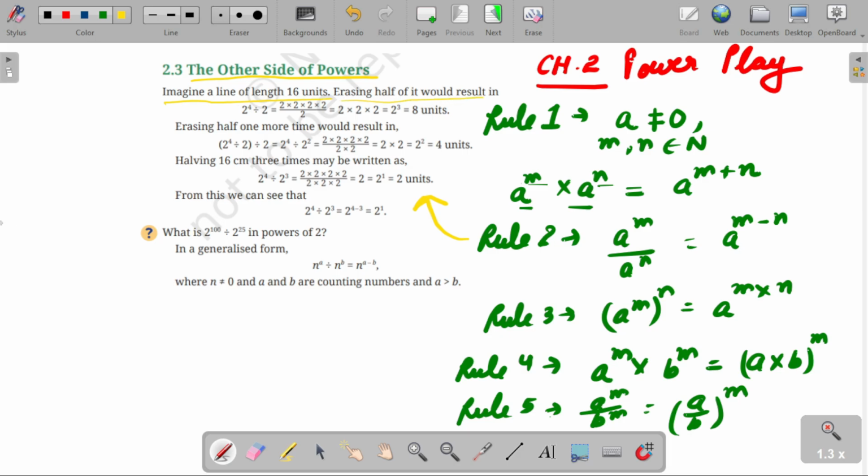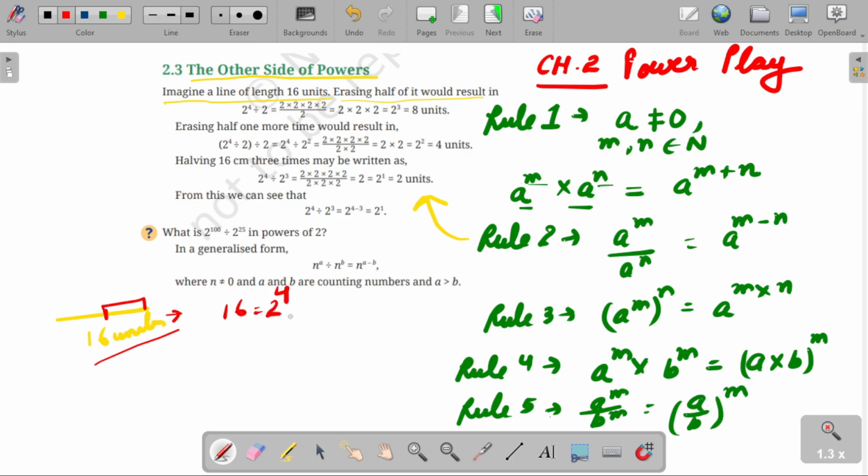If there is a line of length 16 units and you need to erase half of it, then to express this in exponential form, 16 can be written as 2 raised to power 4.